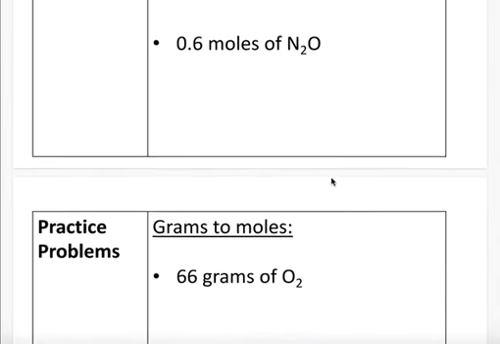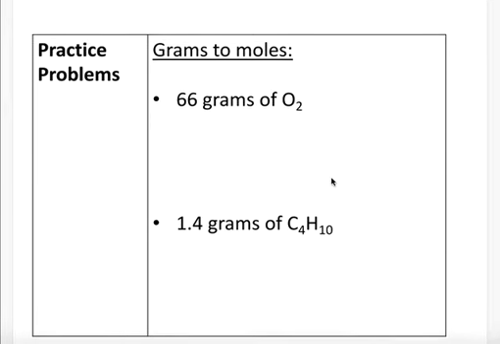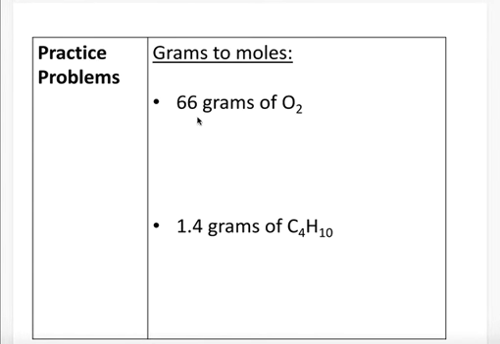Okay, so let's try some grams to moles practice problems. So I've got 66 grams of O2. How many moles is that? Okie doke. I'm going to get my pen. Do it in blue. All right, so what I need to do in this case is divide. I still need to find the molar mass of O2. Now I know oxygen is 16, right?